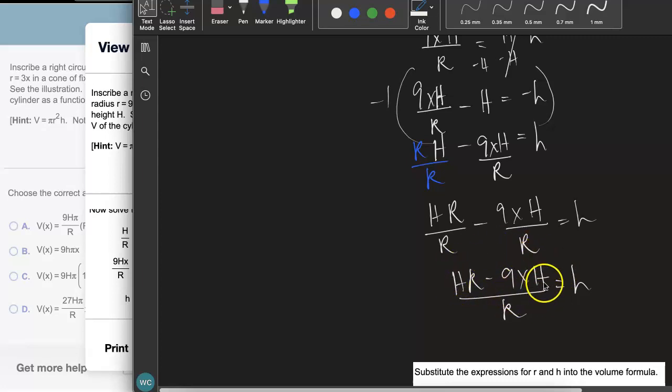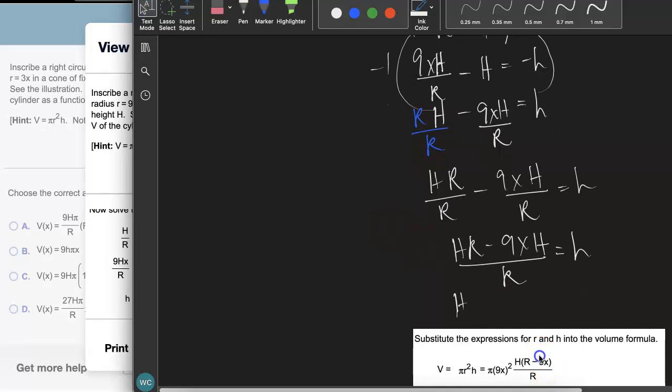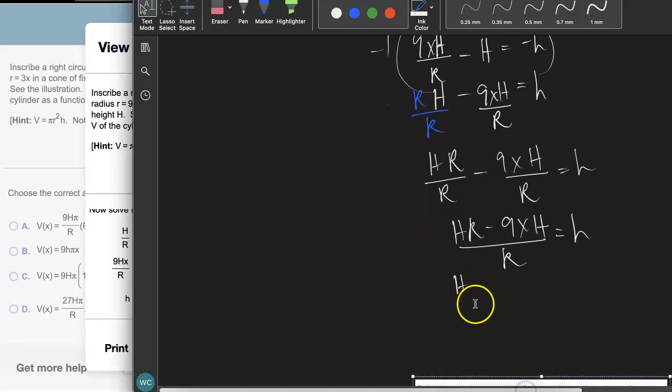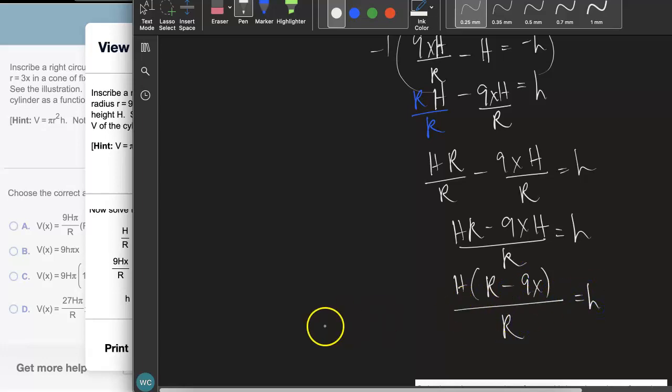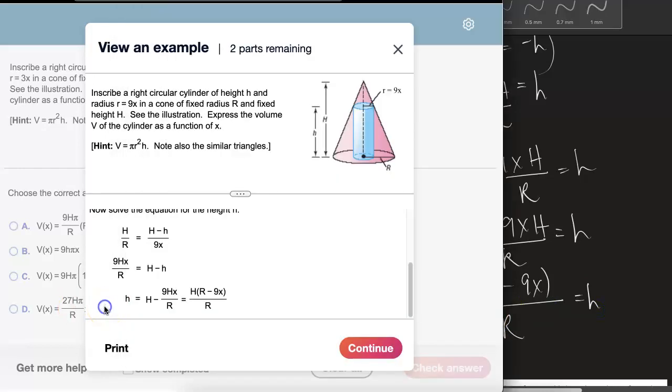If I look at the common factors that these terms have, they both have a common factor of capital H. So I'm going to write that capital H out. Let me move this down just a little bit more for some space. I'm going to factor that out, and I'm left with r minus 9x over r equals h. And if I come back and check here, notice that's the same thing that they have as an expression for h.